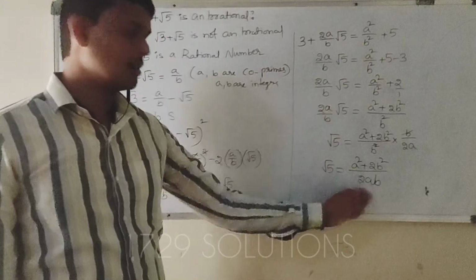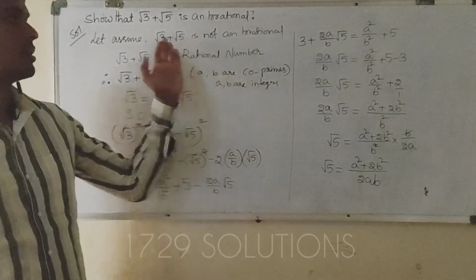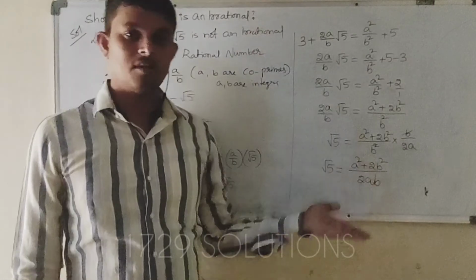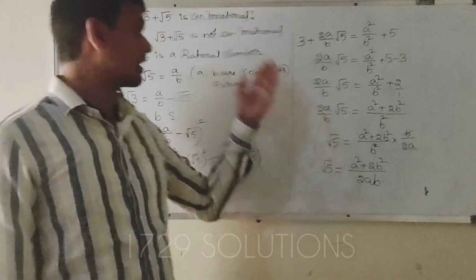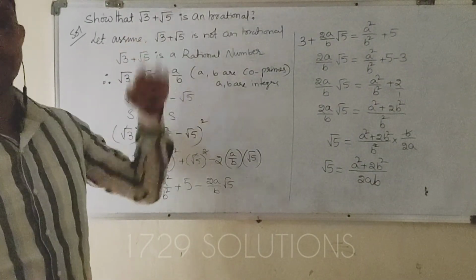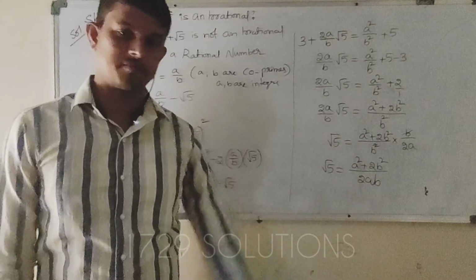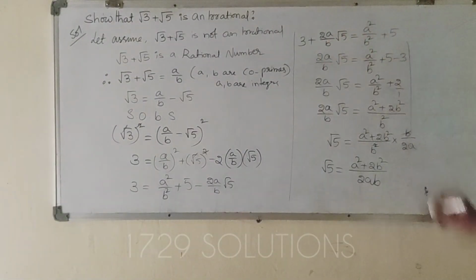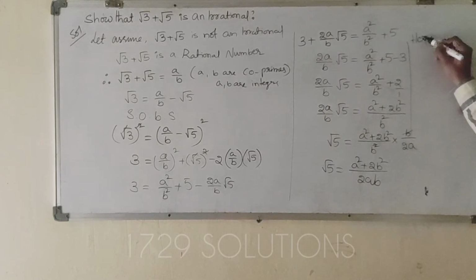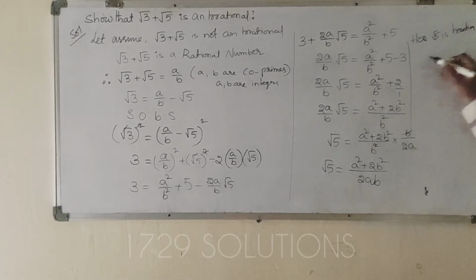Our assumption is wrong. What is our assumption? We assumed root 3 plus root 5 is not an irrational number. So here the contradiction comes. So that's why the given statement, root 3 plus root 5 is an irrational number, is true. Simple. There are two more steps here. Root 5 is irrational, and the next one is a square plus 2b square by 2ab is rational.